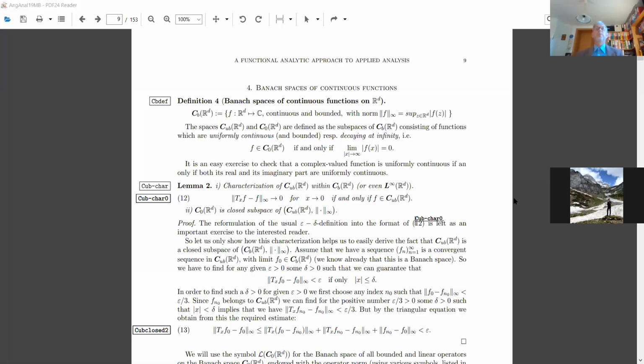Okay, so now let's come back to the script and to the kind of models for the signals that we actually want to use.